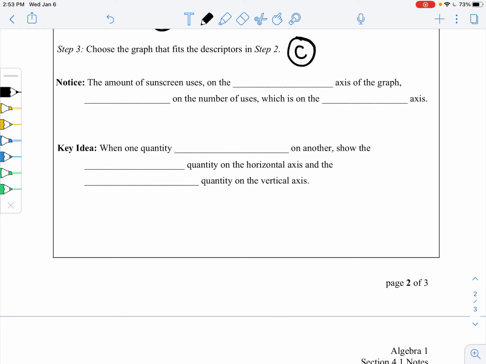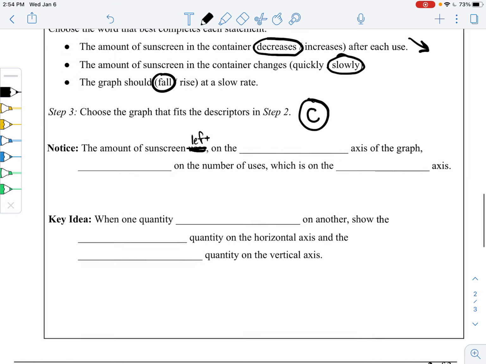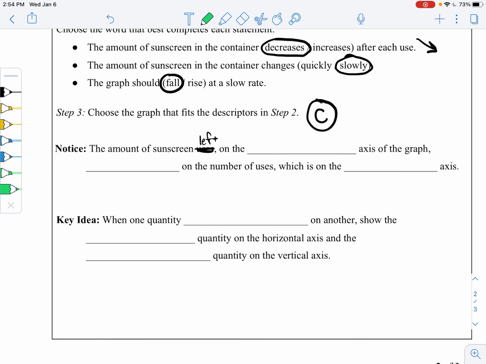So, when you looked at our graph, the amount of sunscreen that's left, which was on the vertical axis of our graph, always depended on the number of uses, which was on the horizontal axis.